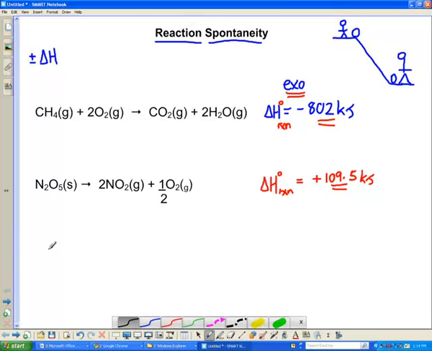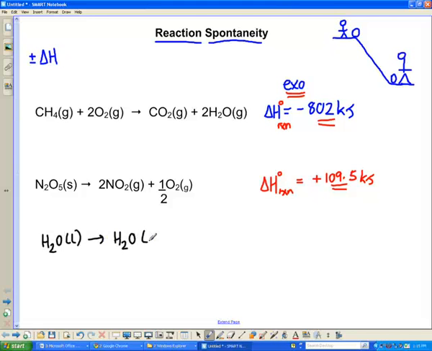Let's look at, for example, the freezing of water. So let's say we take some liquid water and we freeze it. You can measure the enthalpy change for this, as you can for really any chemical process that you can monitor. And then down here, I'm going to do exactly the same thing, but the opposite.